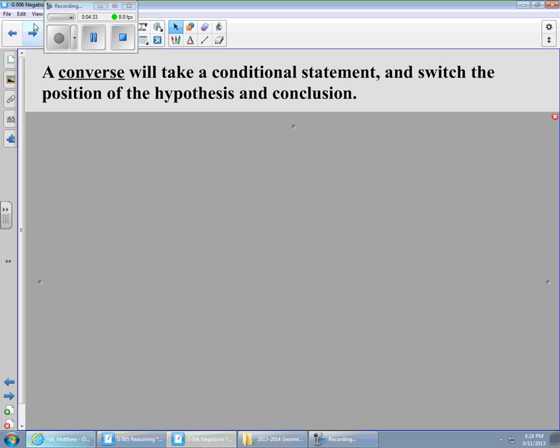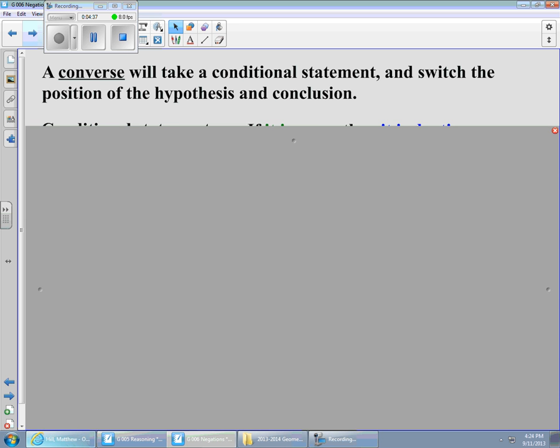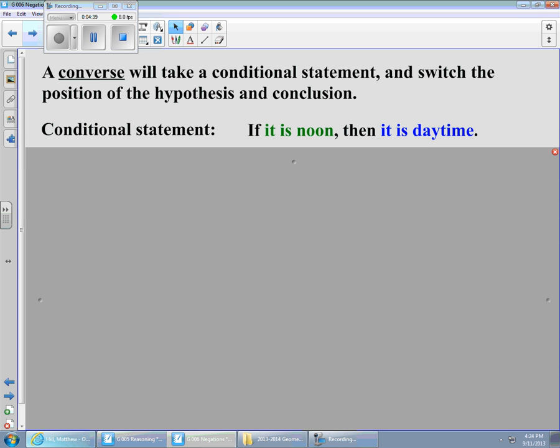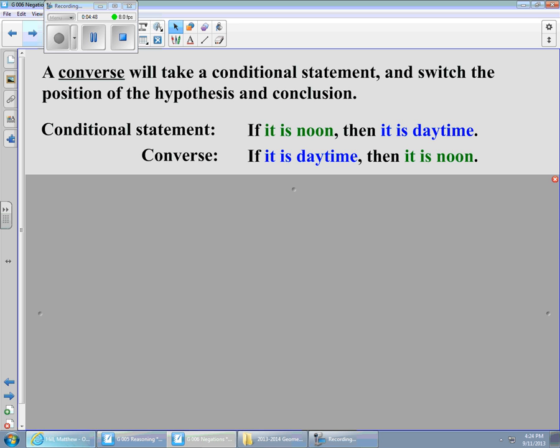So we're going to switch the positioning of the hypothesis and conclusion. Our conditional statement was if it is noon, then it is daytime. And the converse would be if it is daytime, then it is noon. All we have done here is taken the hypothesis and the conclusion and repositioned them in the statement.